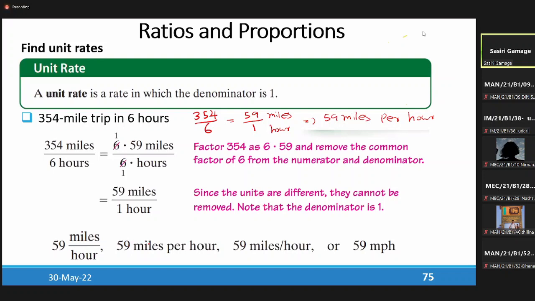Here, 59 miles is above the fraction bar and hour below it. Then we can write it like this as well: 59 miles slash hour, or 59 mph, miles per hour. This is the usual unit we use to indicate speed.